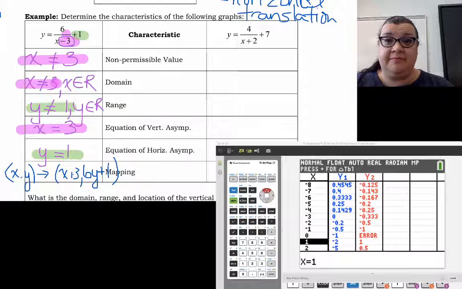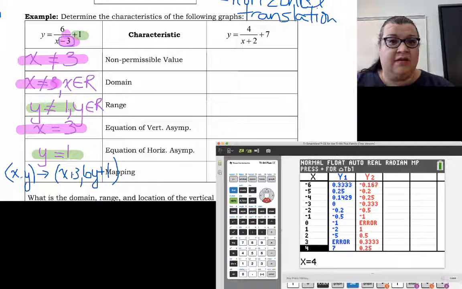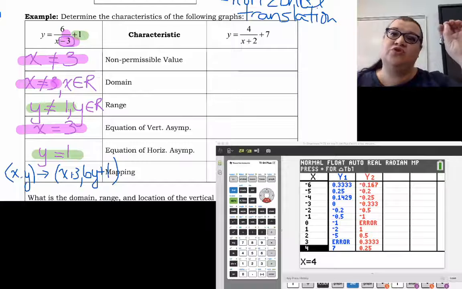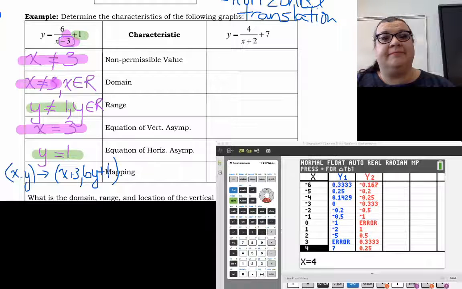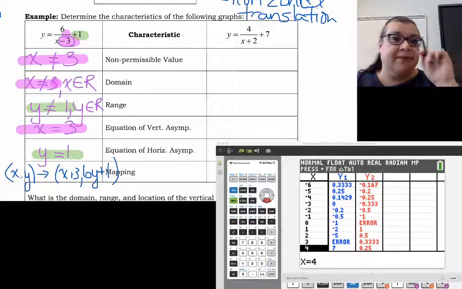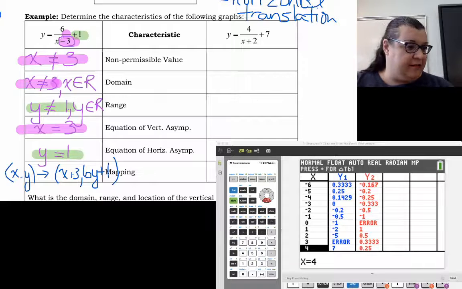So x would become positive 4. And so we see that. Now if we take a look at when x is 4, what's our value? Well, our value is 7, which is equal to 6 times 1 plus 1. So the point 1, 1 is going to be transformed into 4, 7. We're going to move it over to the right 3, move it up 1, and then we're also stretching it, multiplying it by 6. So that's where we get that transformation from.